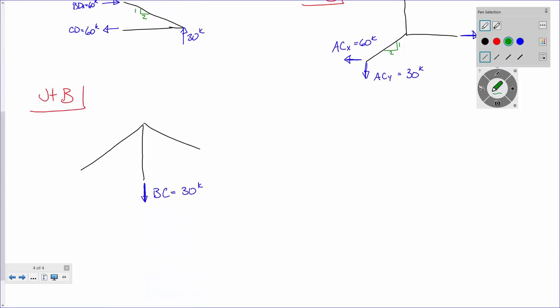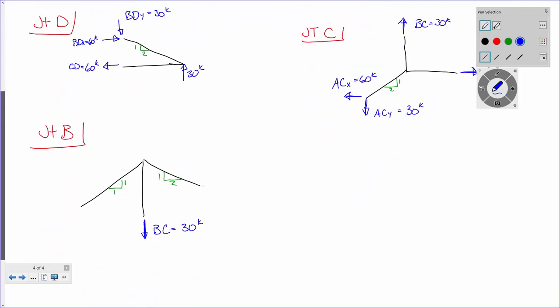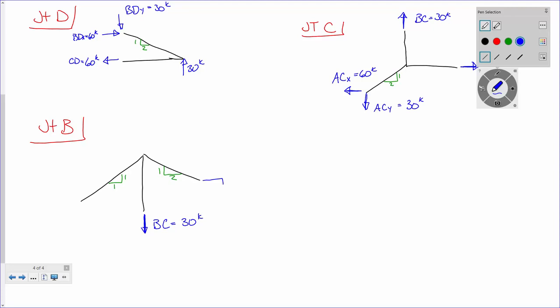Let's start off by putting in our slope ratios. So this is 1 to 2. That is 1 to 1. Now, we've got a horizontal and a vertical here. So the horizontal here, what do we have for the horizontal?